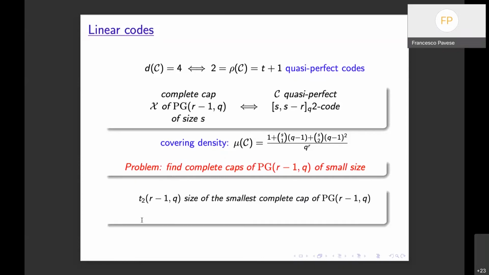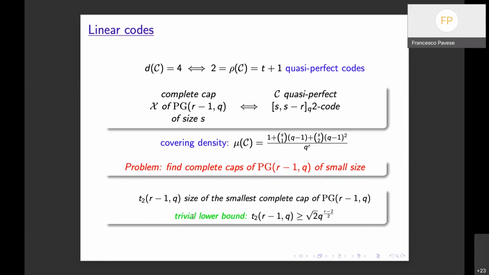If we denote by t_2(n-1,q) the size of the smallest complete cap in the corresponding projective space, then it is possible to provide a trivial lower bound simply by using counting arguments. So the natural question is whether it is possible to construct small complete caps attaining the trivial lower bound.